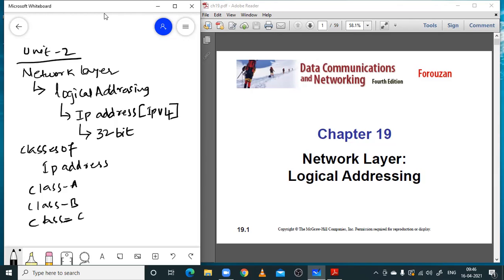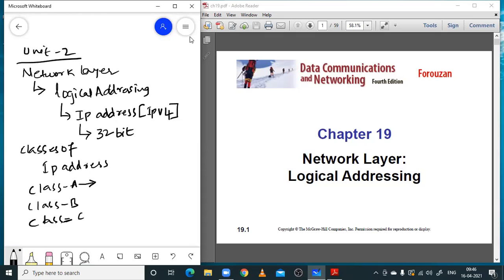So according to class A, every IP address is of size 32 bits, and the 32 bits are divided into 4 octets, 8 bits each.